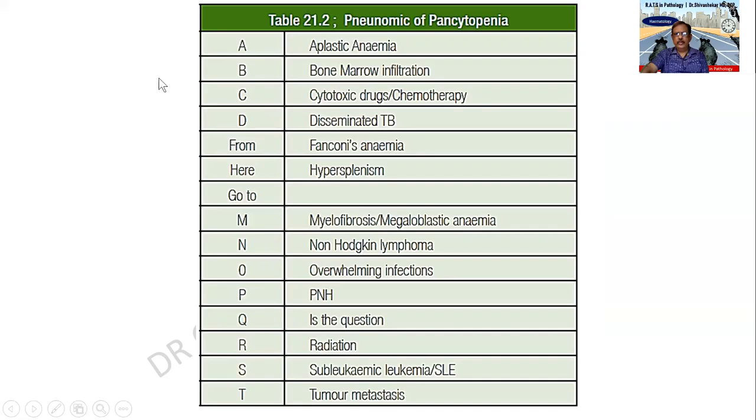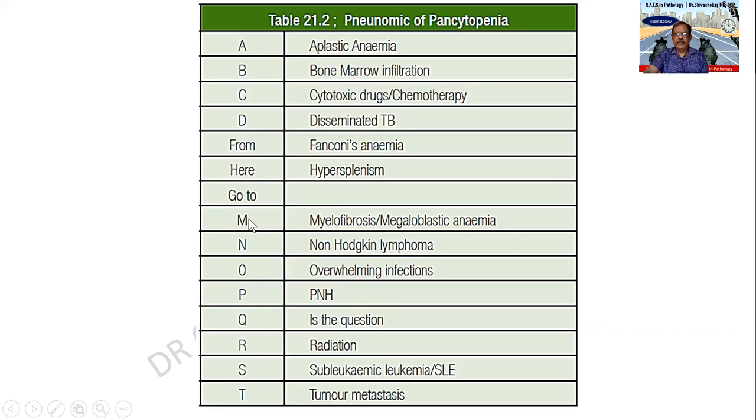So, there is a mnemonic which I had deciphered for the students. And in this one, A is aplastic anemia, B, bone marrow infiltration, C, cytotoxic drugs or chemotherapy, D, disseminated tuberculosis. From here, F, Fanconi's anemia, H for hypersplenism.